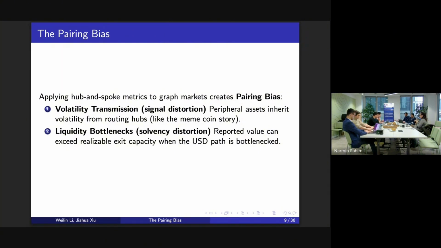Another is observed in the Terra Luna crisis, which you might have seen, which caused the 2022 crypto crash, where everything just dropped because of unbacked collateral. On these graph-structured markets, the reported value, like the market cap, can exceed the actual exit capacity by a lot.